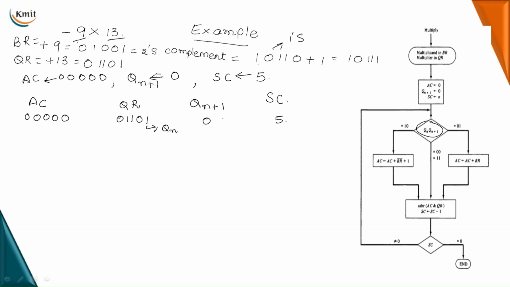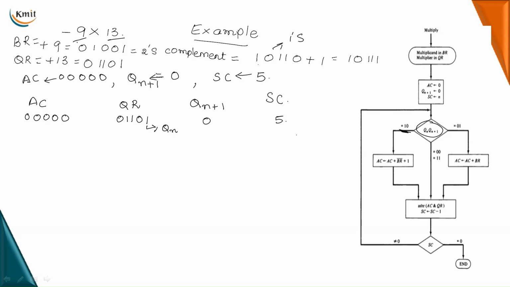Now I will take the values of Qn and Qn plus 1. What is the combination of Qn and Qn plus 1? Qn is 1 and Qn plus 1 is 0, so the combination is 1, 0. According to your algorithm, whenever the combination of Qn and Qn plus 1 is 1, 0, you have to subtract the contents of the AC register and BR register.